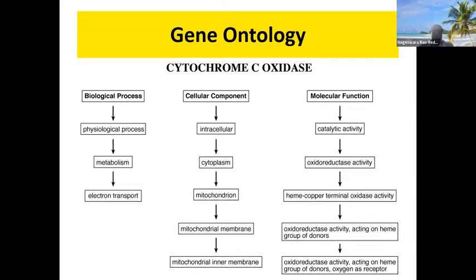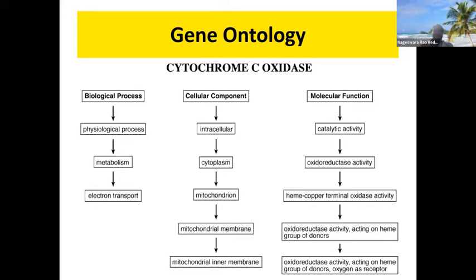And where in the cytoplasm is this cytochrome C oxidase? It is there in mitochondria. Okay, in each mitochondrion it is present. And where in the mitochondria is it present? It is present on the mitochondrial membrane. Okay, and in the mitochondrial membrane, because we say outer membrane, inner membrane, they are there.